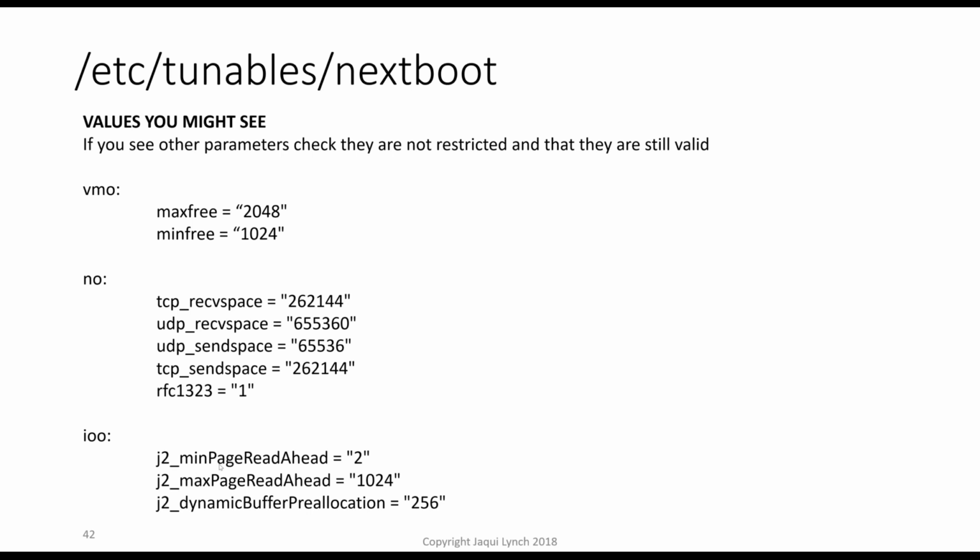And then I might be setting minpgahead, maxpgahead, and this dynamic pre-buffer allocation, which we'll get into later on, but it's basically the replacement for j2_nPagesPerWriteBehindCluster, which was what we used to tune JFS2 buffers. This is the new way to tune them. And the default may be fine for you. These 2 here are actually the maximum settings.